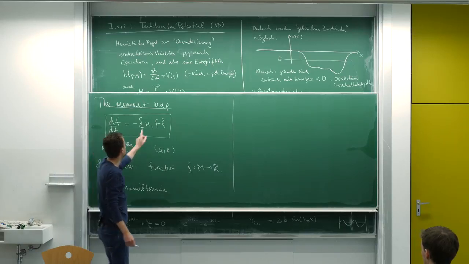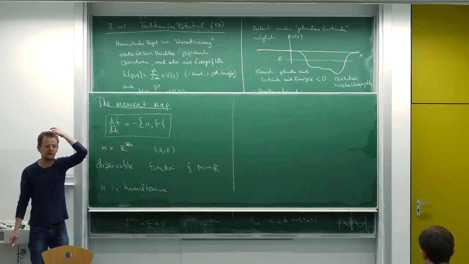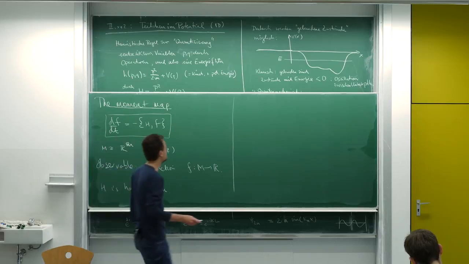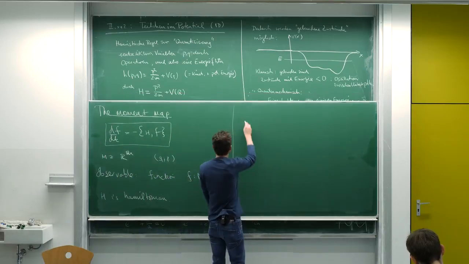So if you look at this, H is the generator. You think of H as the generator of time translations.